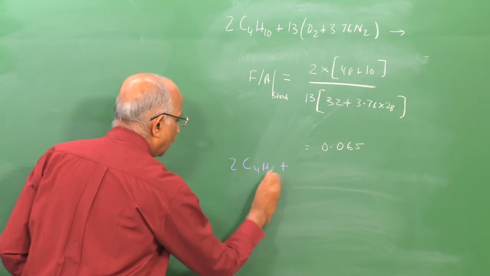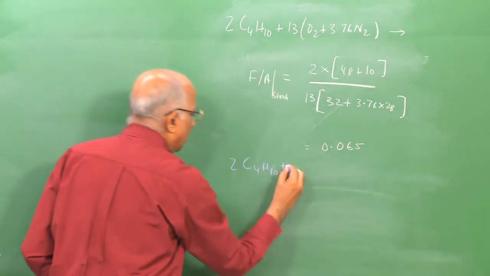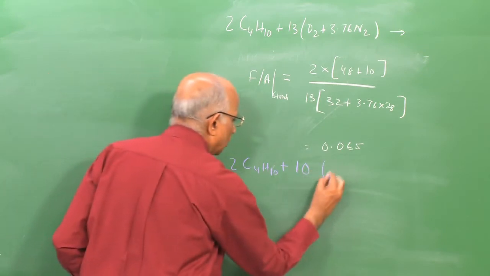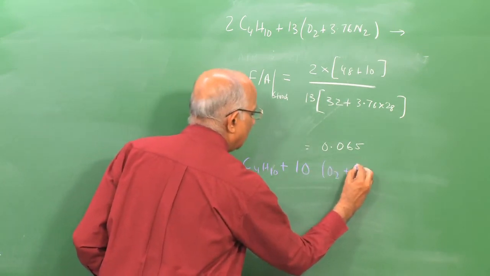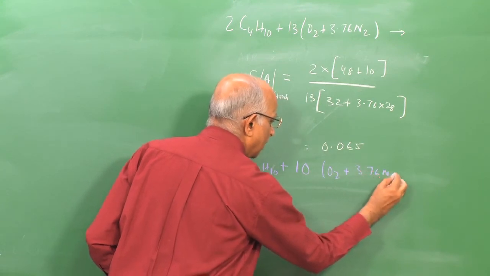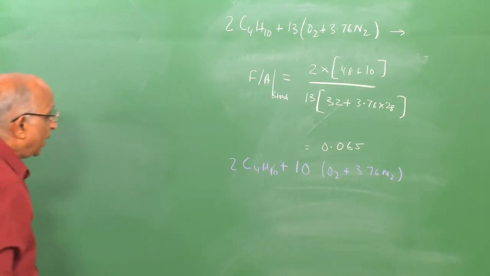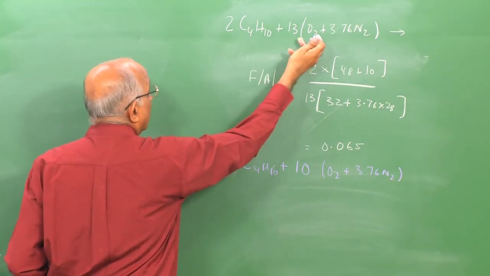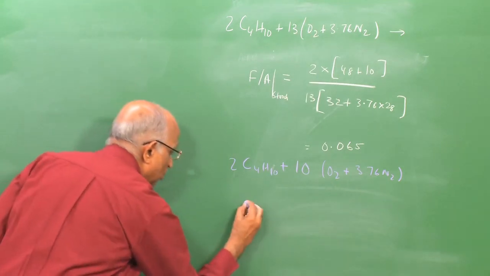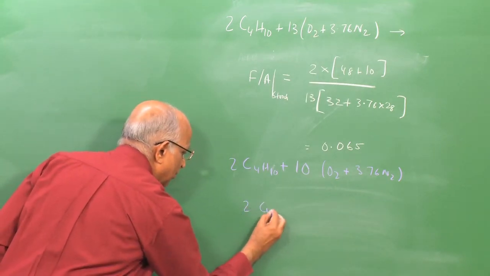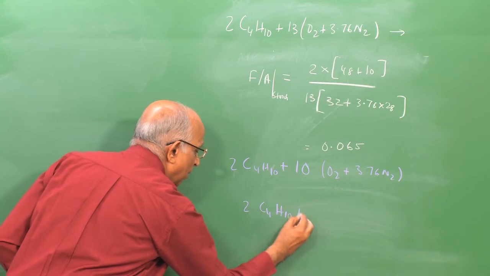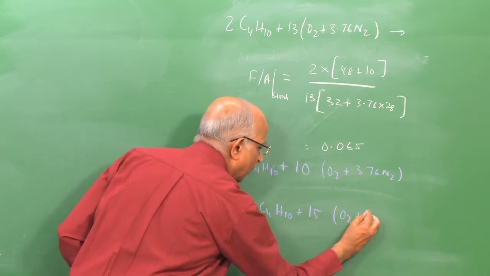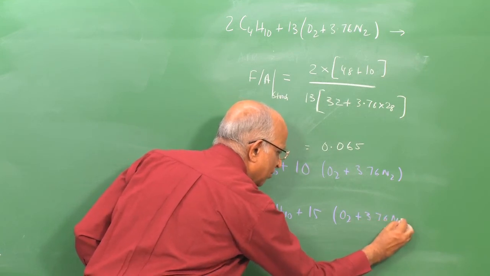It is possible that instead of 13 moles, the air with which it mixes is only 10 moles of oxygen plus 3.76 of nitrogen. This is one scenario. I could also have the leakage much smaller, mixing with a larger amount of air, that means 2 C4H10 plus 15 moles instead of 13 moles of oxygen plus 3.76 of nitrogen.